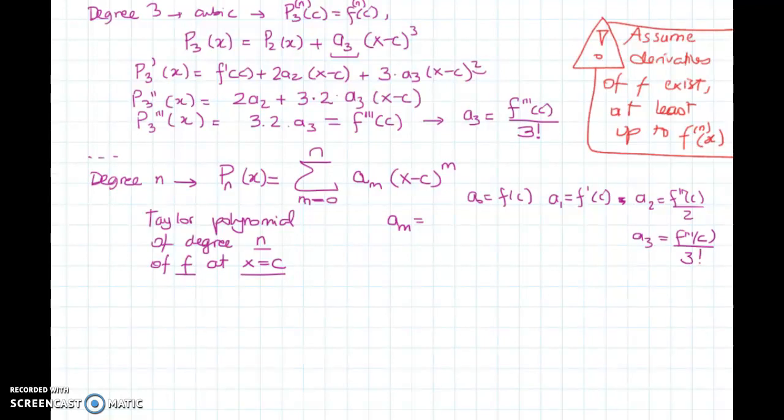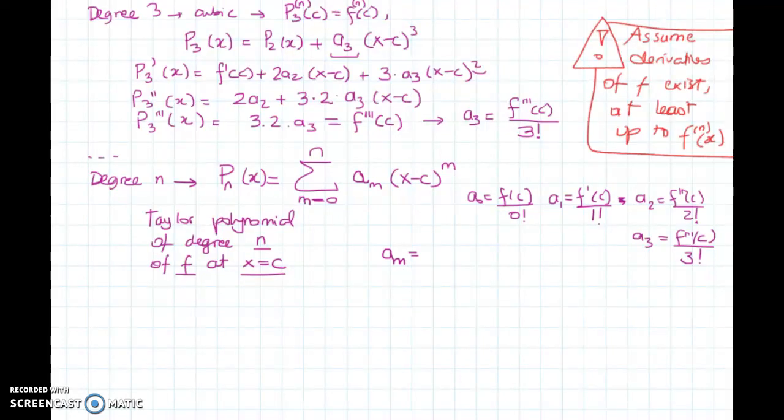But when we wrote 2, we could have written 2 factorial; that wouldn't change the result. And when we wrote A1 is equal to the first derivative at c, we could have written it divided by 1 factorial, and A0 could also be divided by 0 factorial. So, in other words, what do we want for the m coefficient of the polynomial we are trying to find?